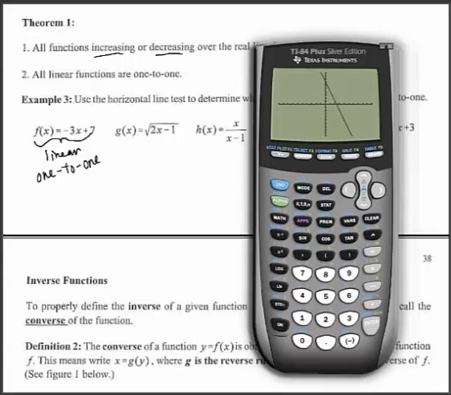Okay, so let's graph some of these other ones. g of x, the next one, is the square root of 2x minus 1, and there we have it.